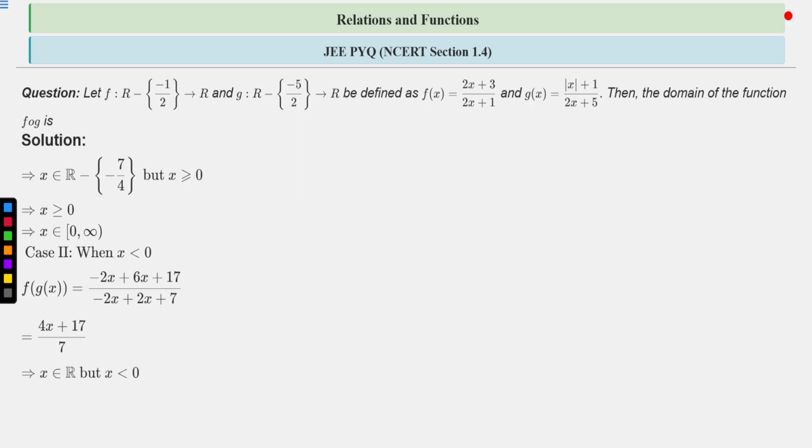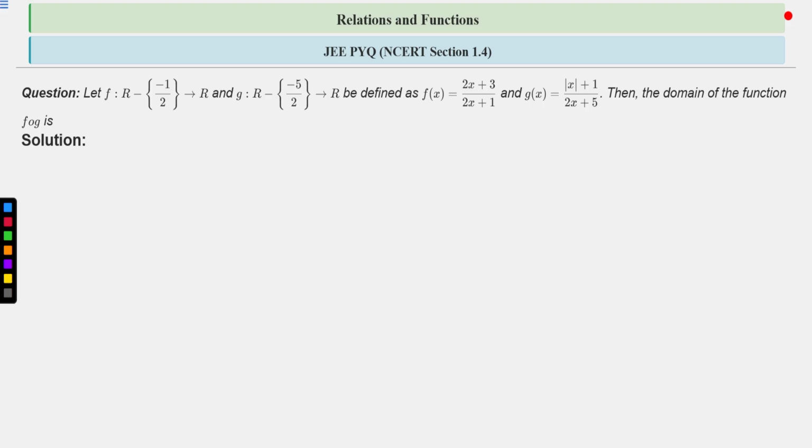So this implies x belongs to real, but it is given x is less than 0, right? So we can say that x belongs to (-infinity, 0).